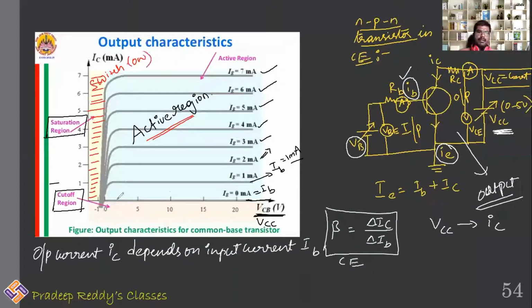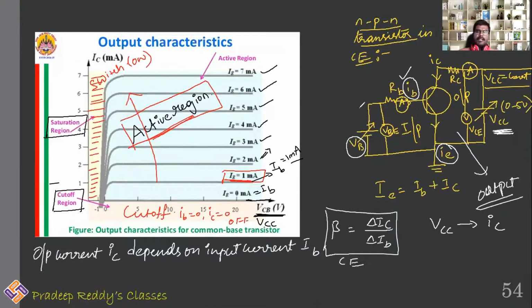And here you get the cutoff region, which is when both the junctions are in reverse bias, so there will be no IB and no IC. It is said to be a switch off circuit. That is the saturation and cutoff regions, and this is the active region. And remember, in the active region, if and only if the IB value is greater than 1 milliampere, you get these graphs.